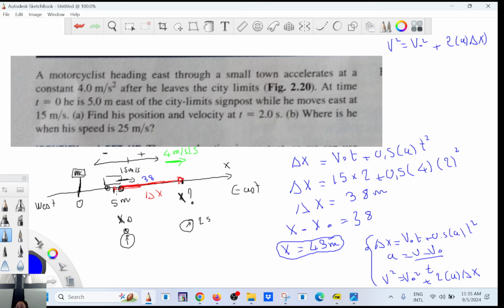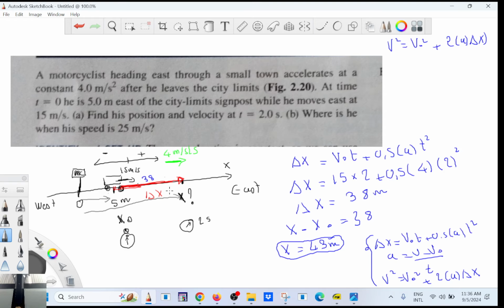So if you want to find the distance to the origin, you need to add 5. Is that clear? So final position and displacement are not the same thing. If you want to do some math, that will be the initial vector position, the final vector position, and that will be the displacement.